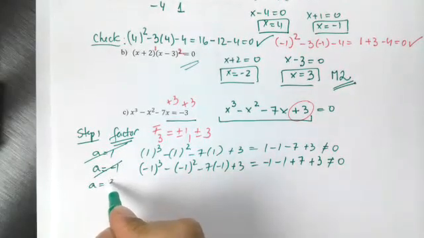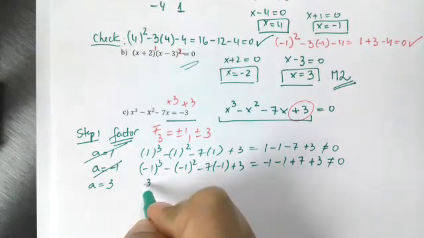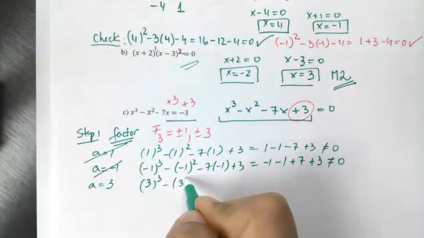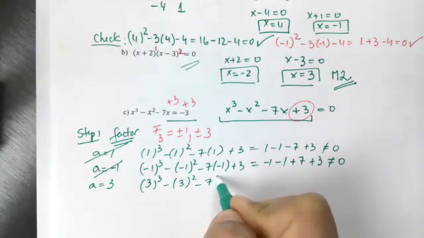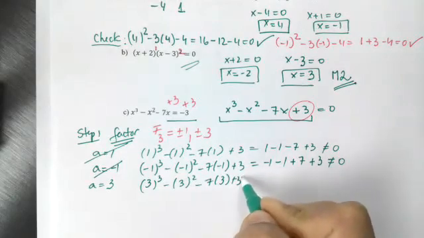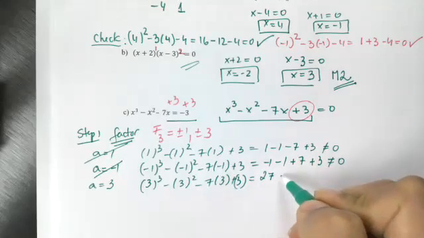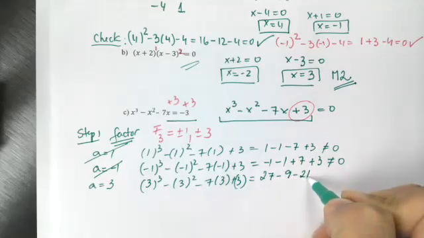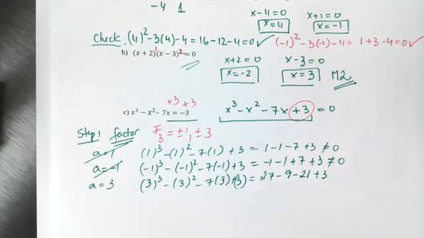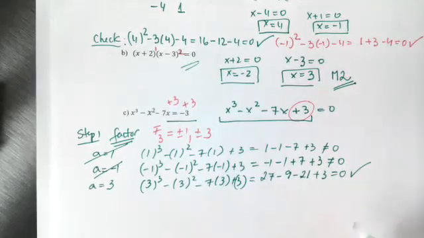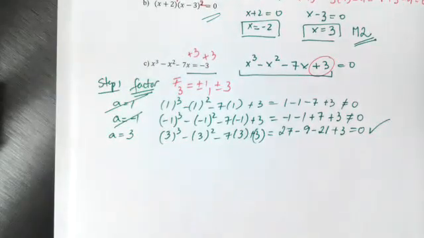a equals 3. 3 cubed minus 3 squared minus 7 times 3 plus 3. We have 27 minus 9 minus 21 plus 3. Equal to 0? -30, positive 30. Equal to 0. Yes.